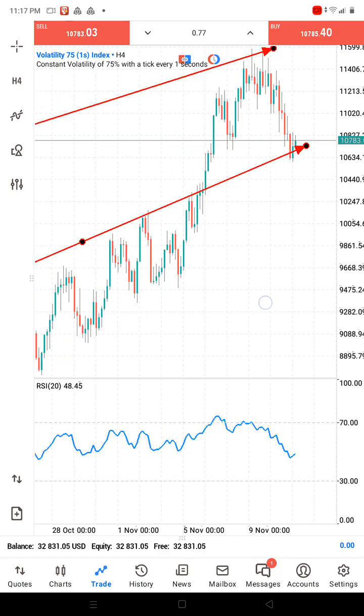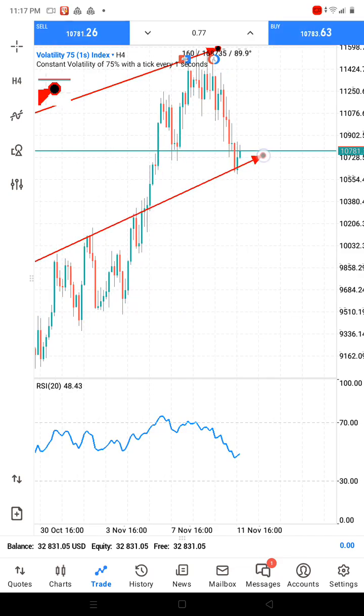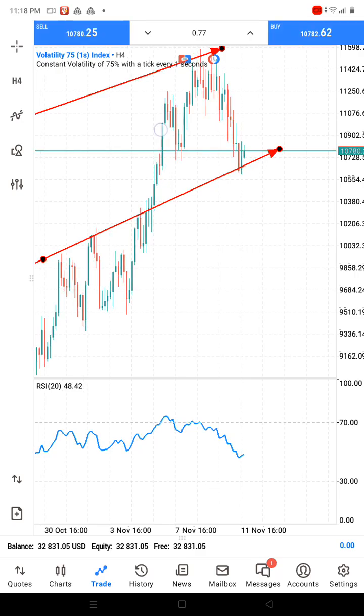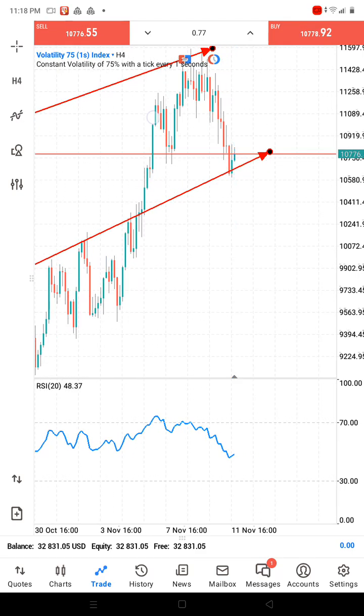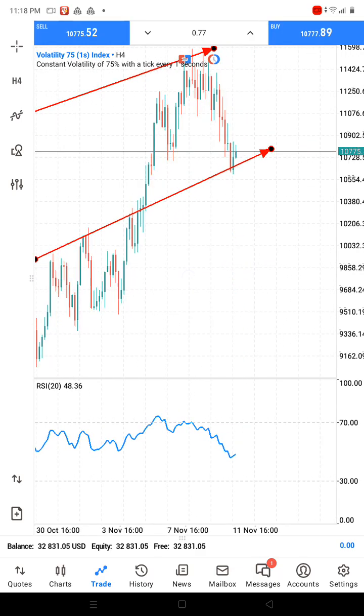When I connected these highs, you can see at this point the market broke out of the trend. What you have to understand about the breakout strategy is the market will always break out, and it will be looking to come in and test this trend line before it displaces upwards.